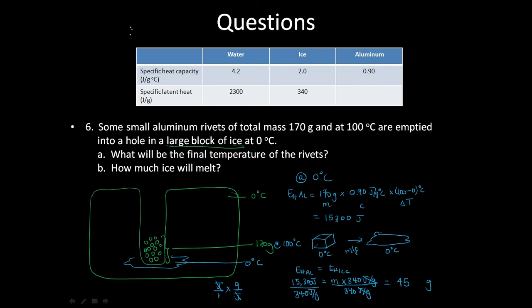So in good practice, don't forget your equations of Q. Q equals mLf, Q equals mLv, Q equals Pt, Q equals mv squared over 2, and then Q equals mgh.